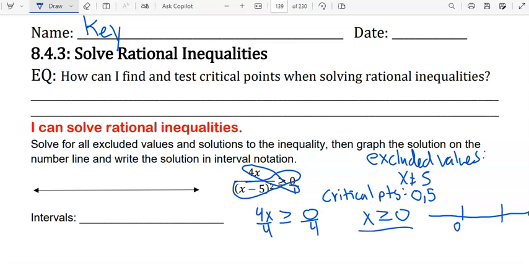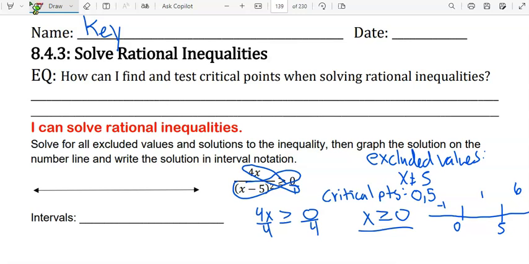We have 0 here, 5 here. We want to test a number that's less than 0, like -1 for example. We want to test a number between 0 and 5, let's do 1, and then a number greater than 5, let's do 6. You choose any number between there. I just chose those because they look easier.